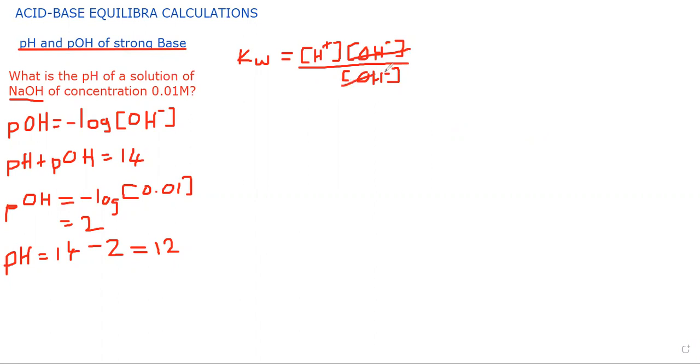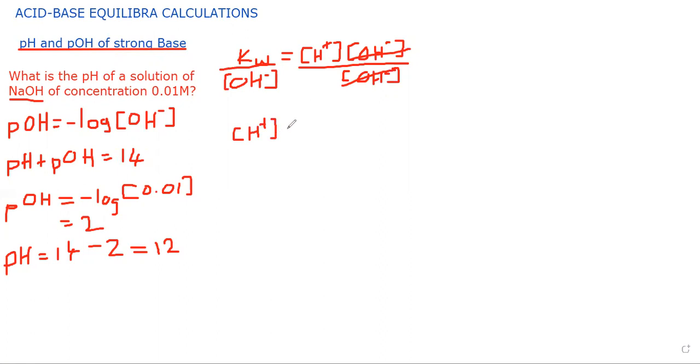And whatever we do to one side of an equation, we're going to do to the other side. So the H plus concentration is Kw divided by OH. Right. So let's just set this up.